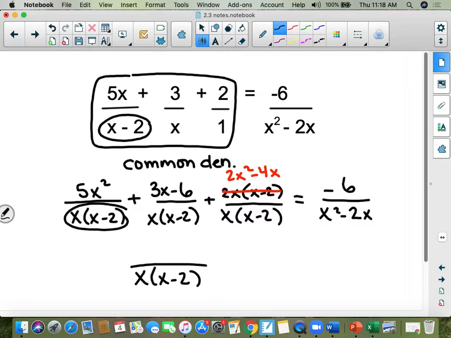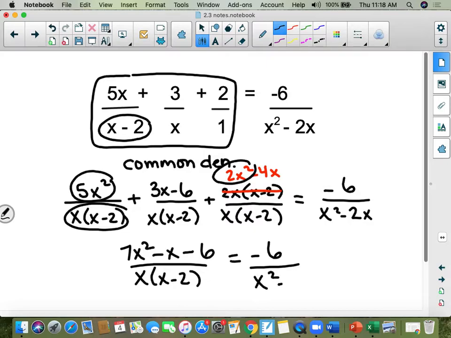How many x squareds do I have on the top where I can put this one and this one together to make 7x squared minus x minus 6 equals a negative 6 over x squared minus 2x.